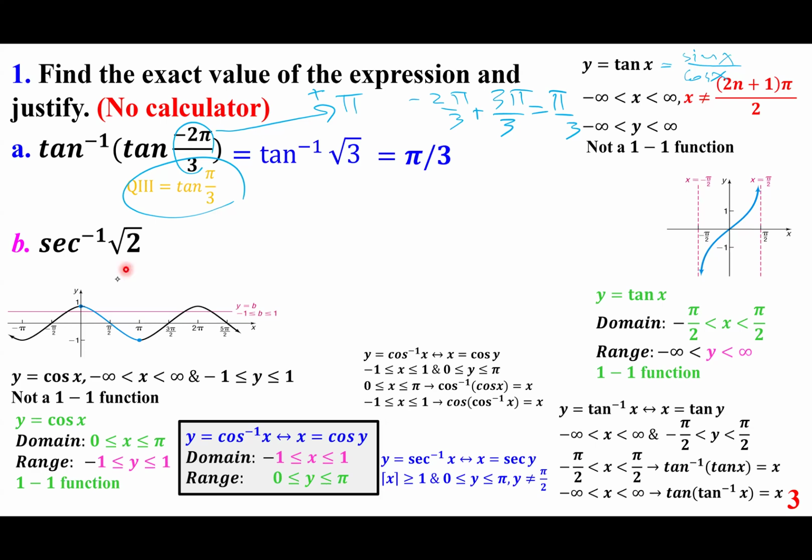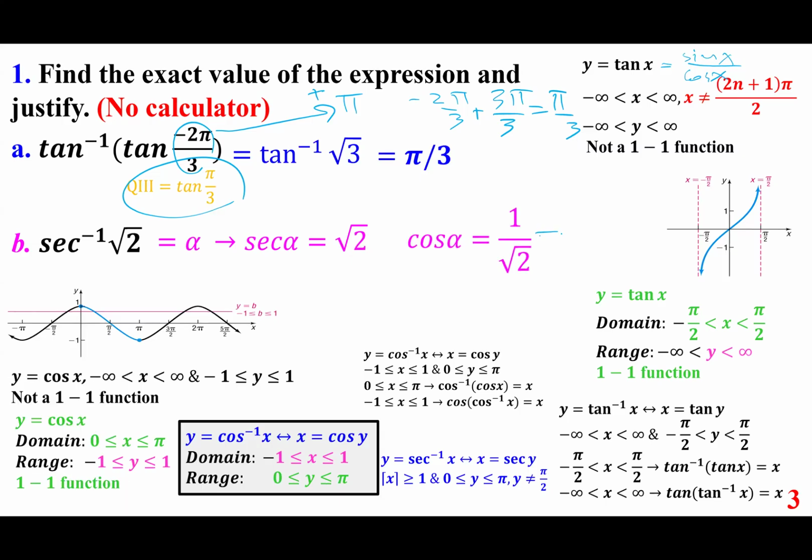So what is this equal to? We have no idea. Let's give it a variable alpha. By definition of an inverse function, secant alpha must be square root of 2. We may not know what that is, but we do know cosine. Secant alpha is the reciprocal of cosine. So if secant is square root of 2, then cosine must be the reciprocal of that, 1 over square root of 2.